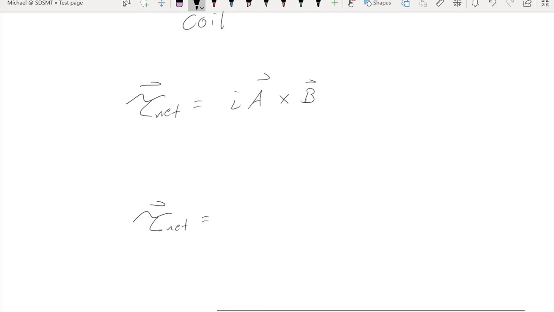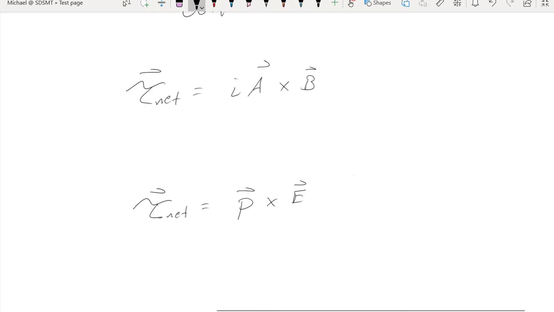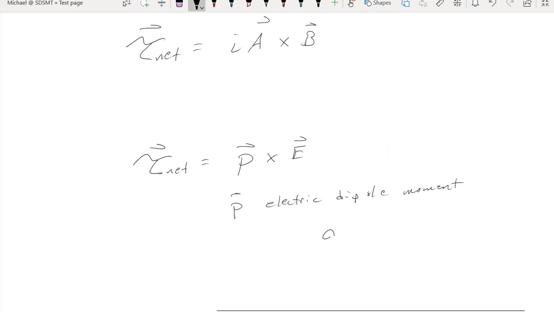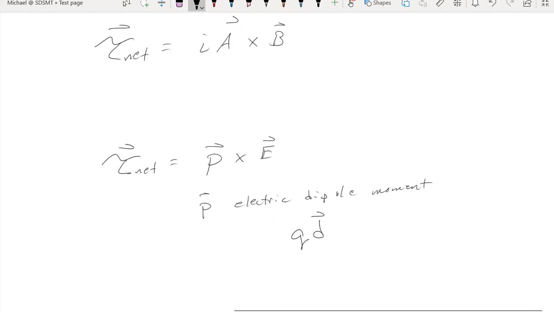But the torque expression for an electric dipole was P cross E. And P was the electric dipole moment. P was the combination of the charge and the displacement that existed between the two charges on the dipole.